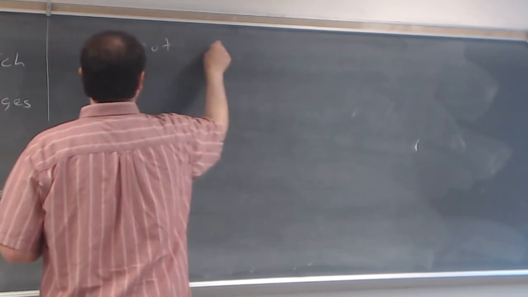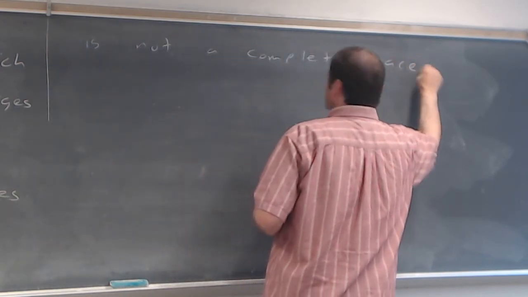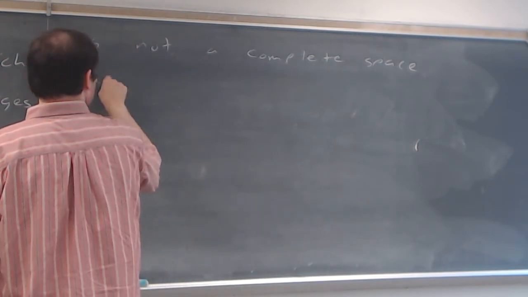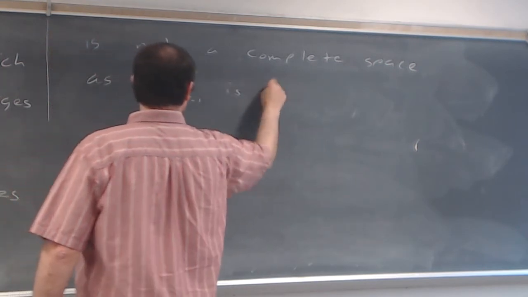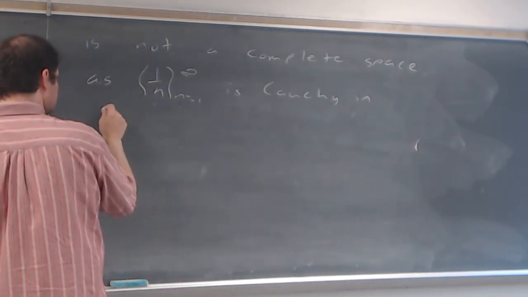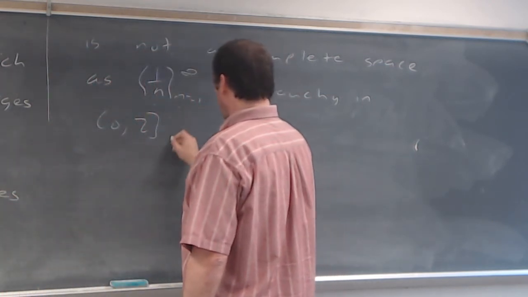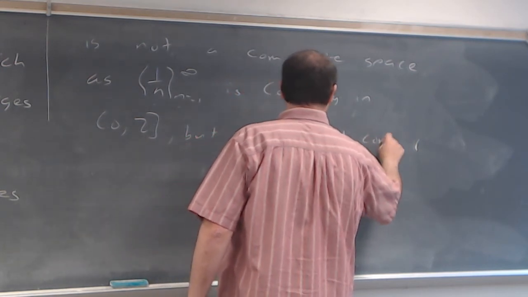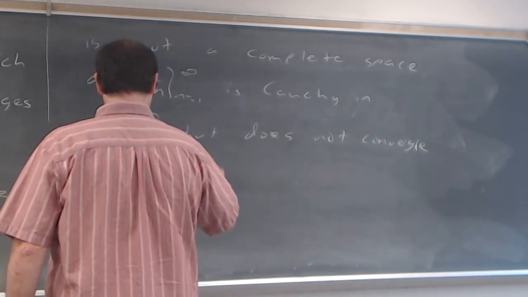And the reason it's not complete is the sequence 1 over n is Cauchy, and in the space 0 to 2 with that metric, it does not converge in 0 to 2.